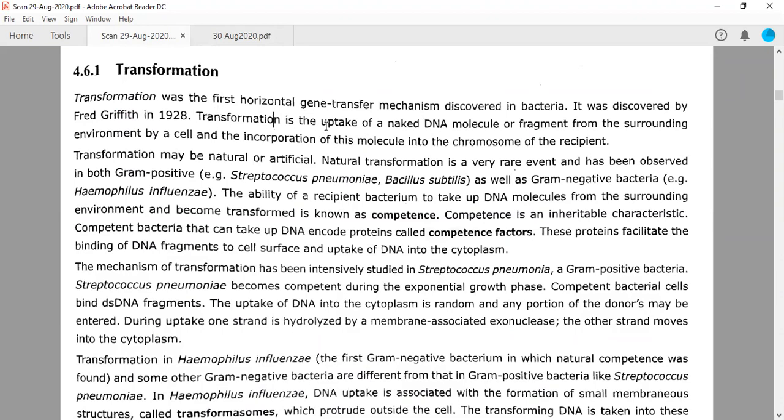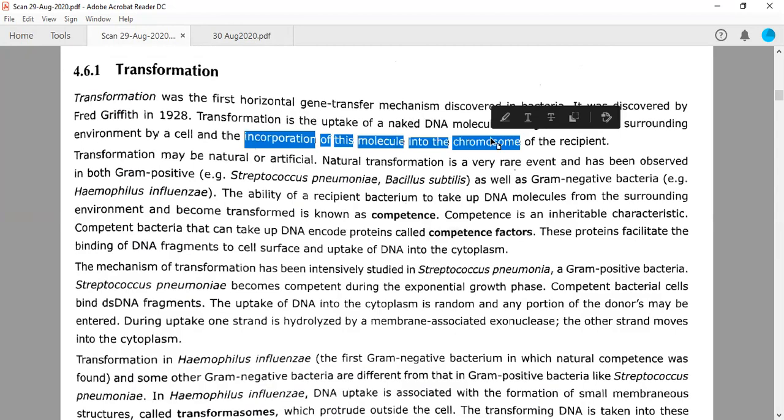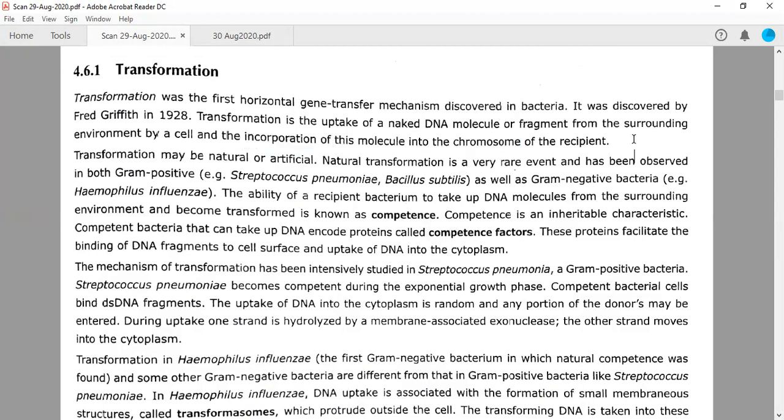Transformation is the uptake of a DNA molecule or fragment from the surrounding environment by a cell, called the recipient cell, and the incorporation of this molecule into the chromosome of the recipient cell, that is called the endogenote. So only after incorporation can it be regarded as transformation, and the cell is known as a transformed cell, right?